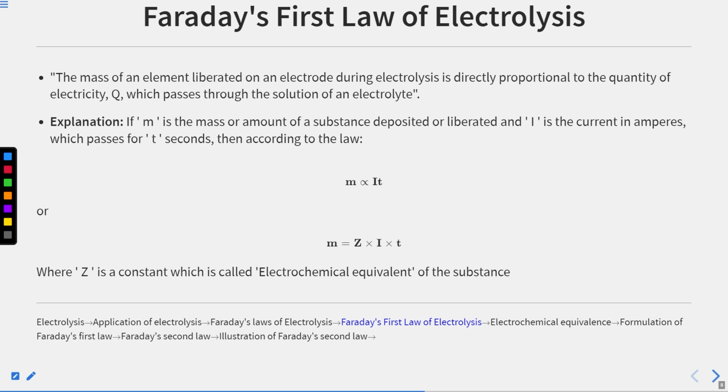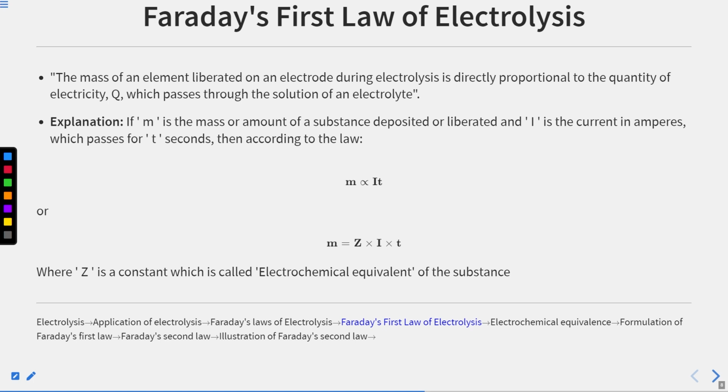The law says that if m is the mass of the substance deposited or liberated, and I is the current in amperes, which is passed for t seconds, then m is directly proportional to I t, where m is the mass of the substance deposited or liberated, I is the current, and t is the time for which the current is passed.